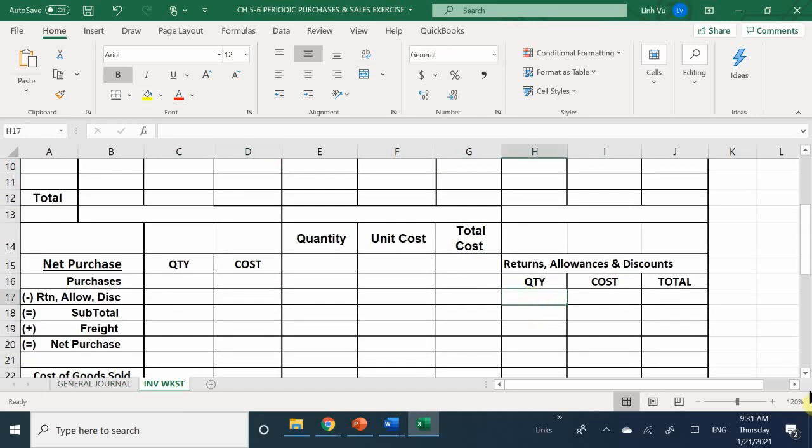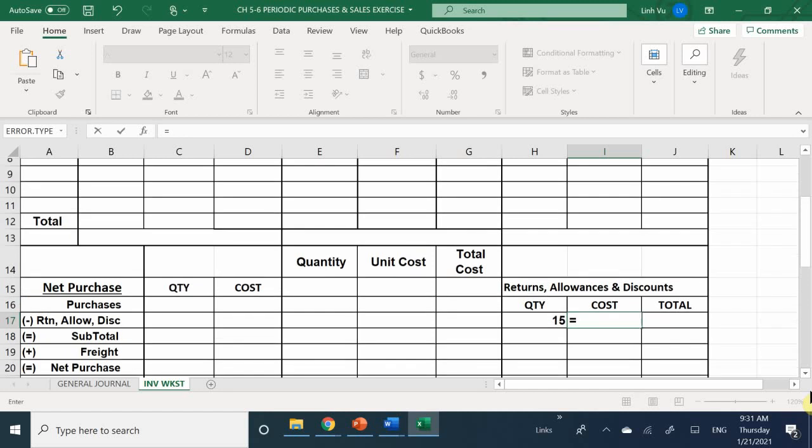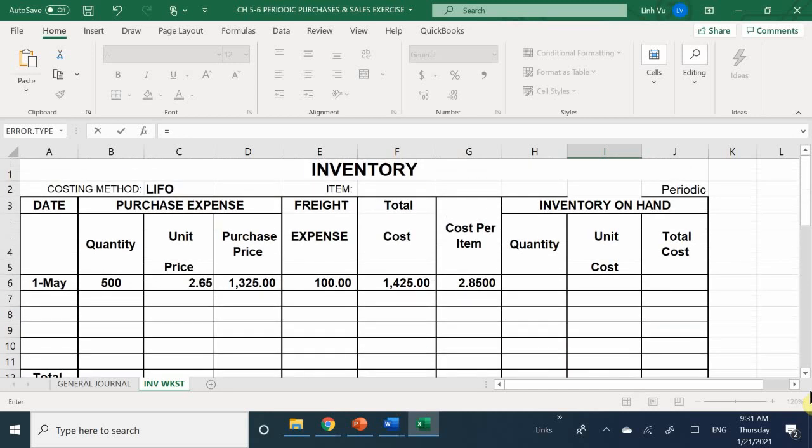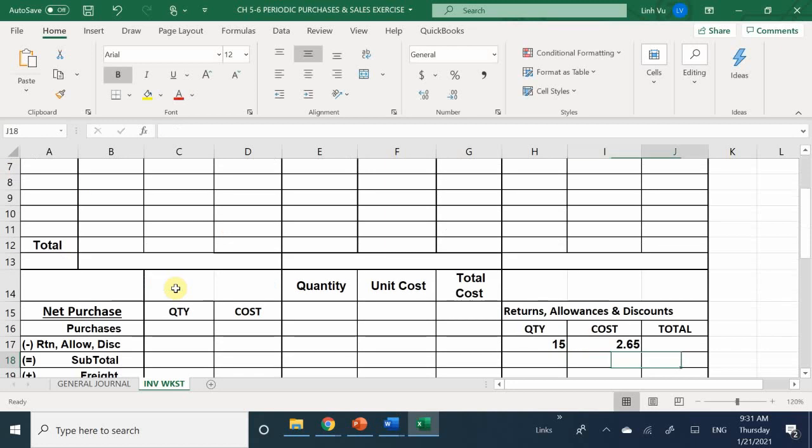So how many items did we return? We returned 15 of them, right? How much did it cost me? $2.65. So what's my total that I am going to get refunded for? $39.75.